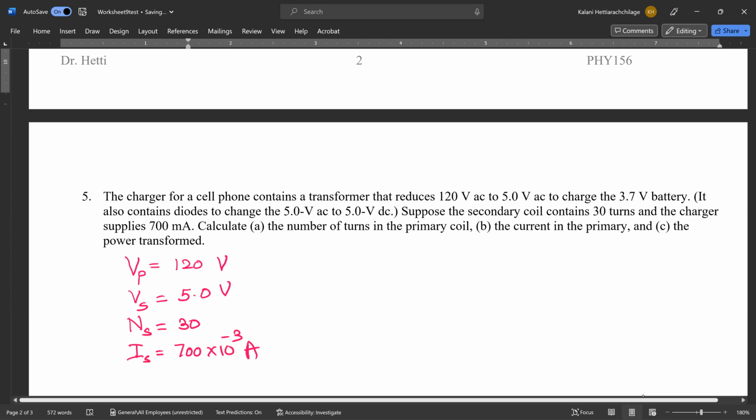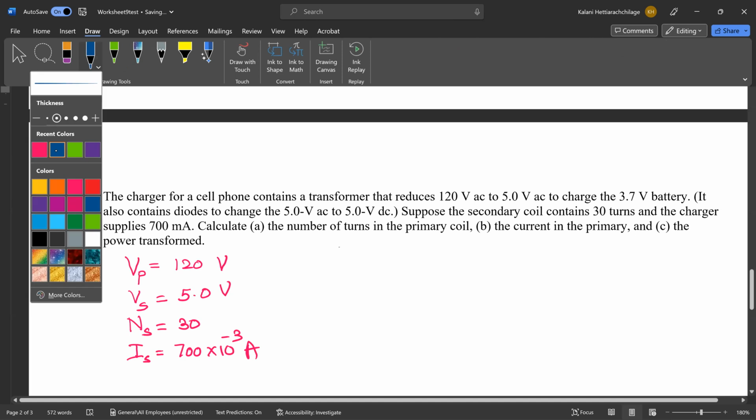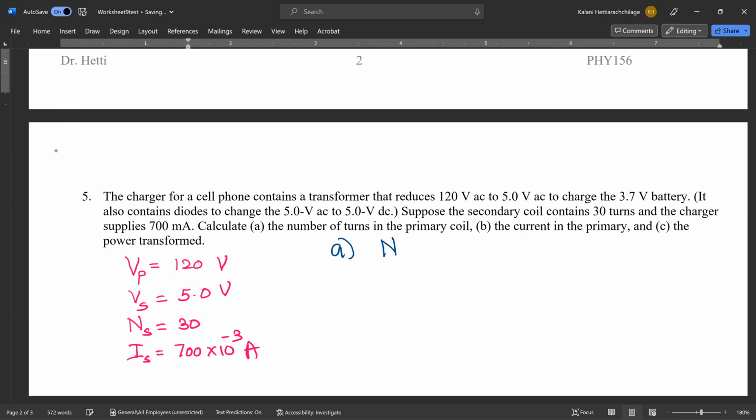Okay, so now part A is asking what is the number of turns in the primary coil. That's simple, right? If you go to transformers, you have step-up transformers and step-down transformers.